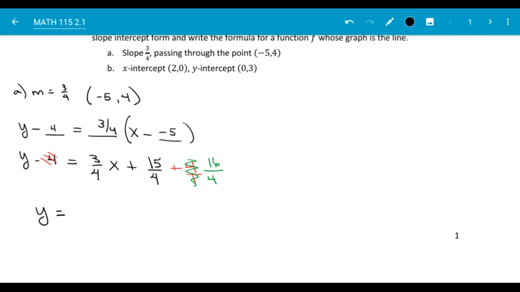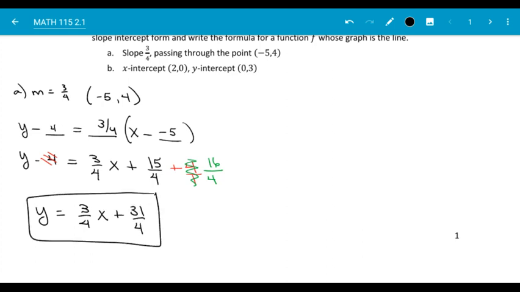So now we have y equals 3/4 of x plus 31/4. If you put that in as a decimal, it is wrong. They have to go in as fractions as per the notation this textbook is defaulting to. So we have y equals 3/4 of x plus 31/4 for our final answer.